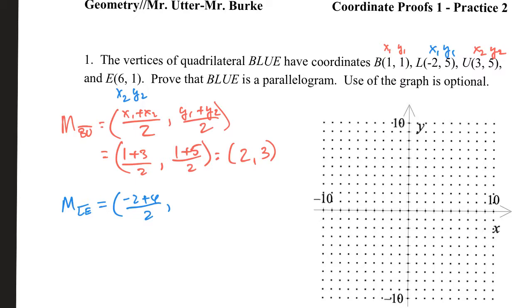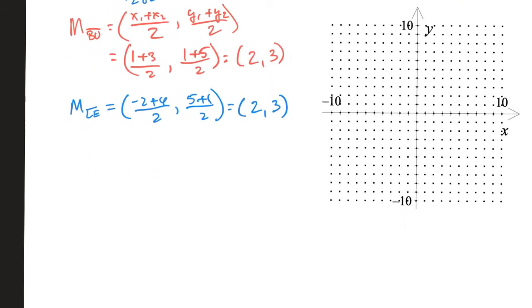My y's are 5 plus 1. And this gives me a midpoint of -2 plus 6 is positive 4, divided by 2 is 2. 5 plus 1 is 6, divided by 2 is 3. Perfecto. I have my diagonals having the same midpoint. Therefore, they bisect each other.